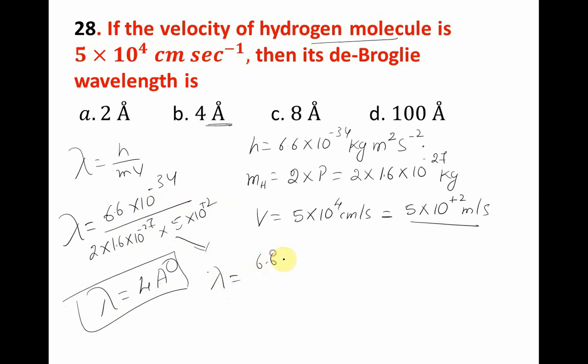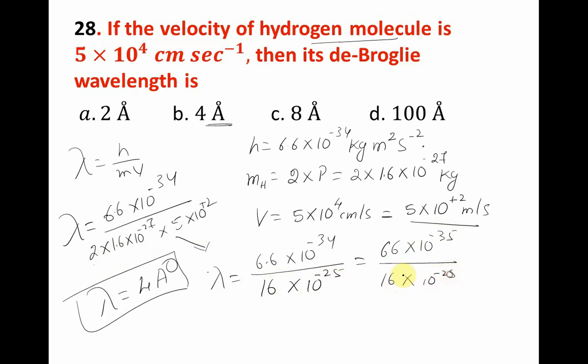If you multiply 2 into 1.6 into 5, 5 twos are 10, 10 into 1.6 is 16, 16 into 10 to the power of minus 25. This can also be written as nearly 66 into 10 to the power of minus 35 divided by 16 into 10 to the power of minus 25. Therefore it is almost 4.1 into 10 to the power of minus 10, which is written as 4 Angstrom.